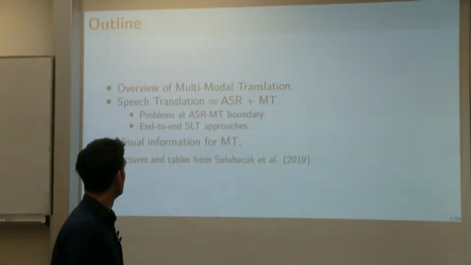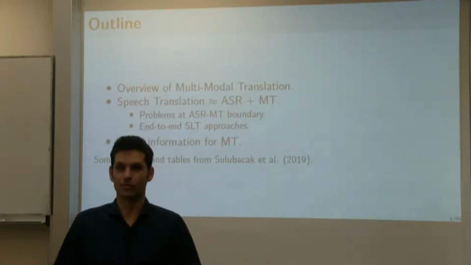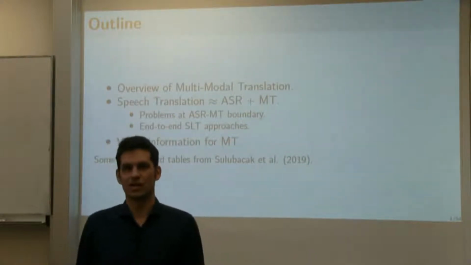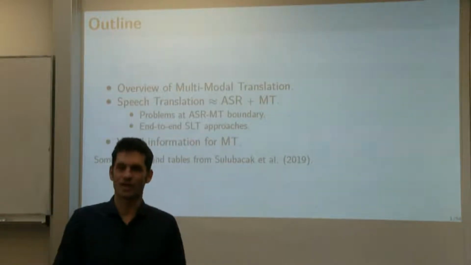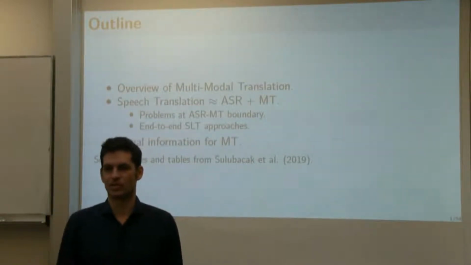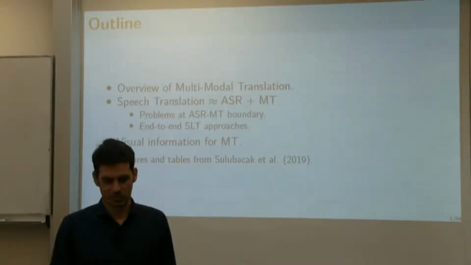This is the outline. I'll first give a very brief overview of including all this additional information, and then I'll focus on speech translation, which is essentially combining speech recognition with machine translation in order to be able to translate what people are saying instead of what has been written in the text.